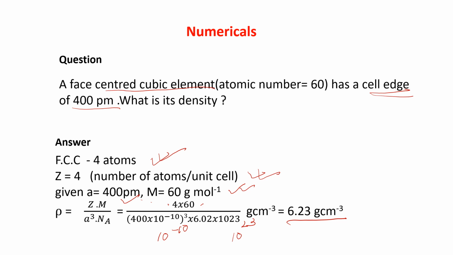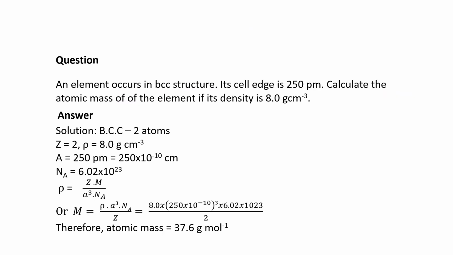Next question is, an element occurs in BCC structure, body centered cubic. Body centered means number of atoms is 2. Its edge is 250 picometer. Calculate the atomic mass of the element if its density is given. Atomic mass, capital M, is asked. Now BCC, so Z is equal to 2 because 2 atoms.